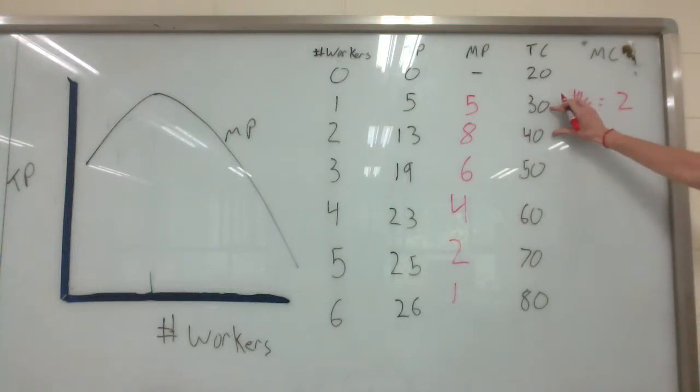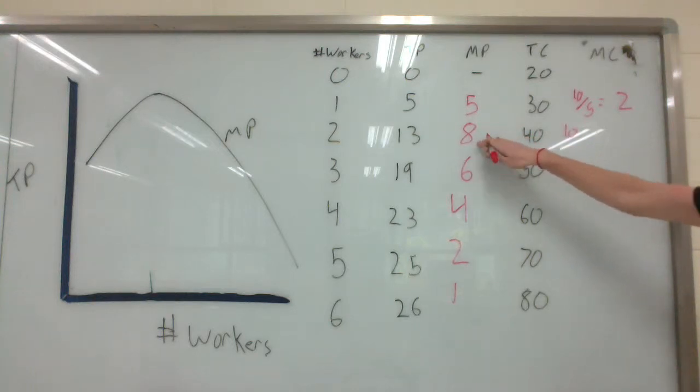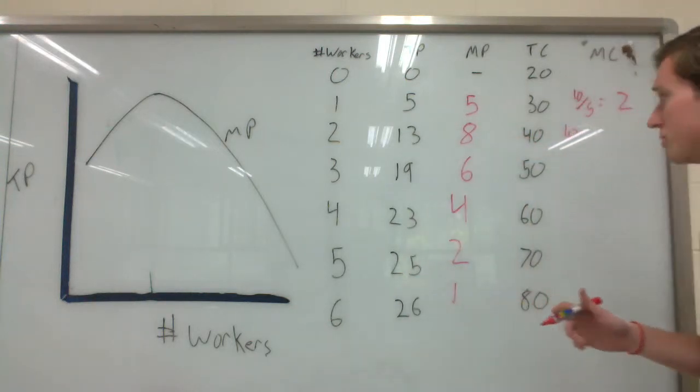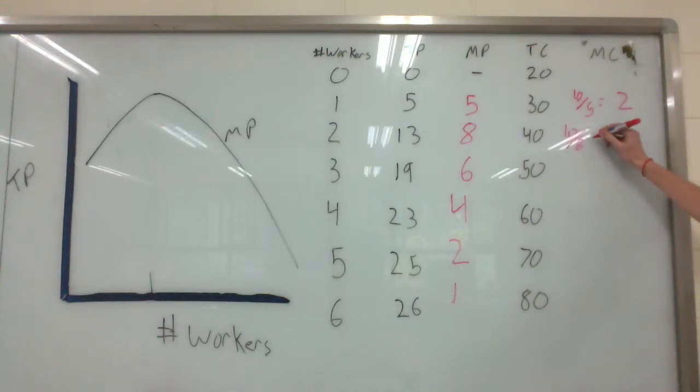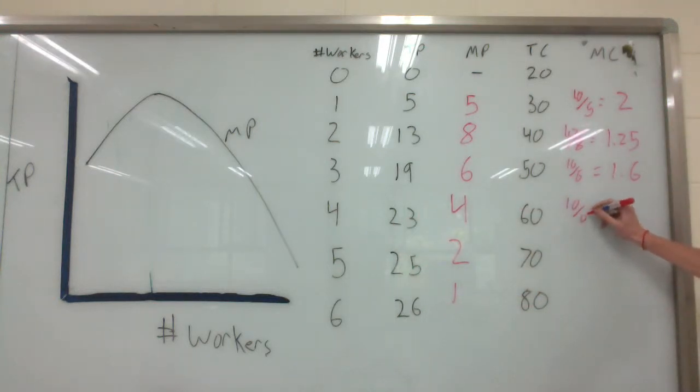Now the change in cost here is 10 divided by 8, the marginal product for that worker, which equals 1.25. Now 10 divided by 6 equals 1.67. 10 divided by 4 equals 2.5. 10 over 2 equals 5, and 10 over 1 equals 10.